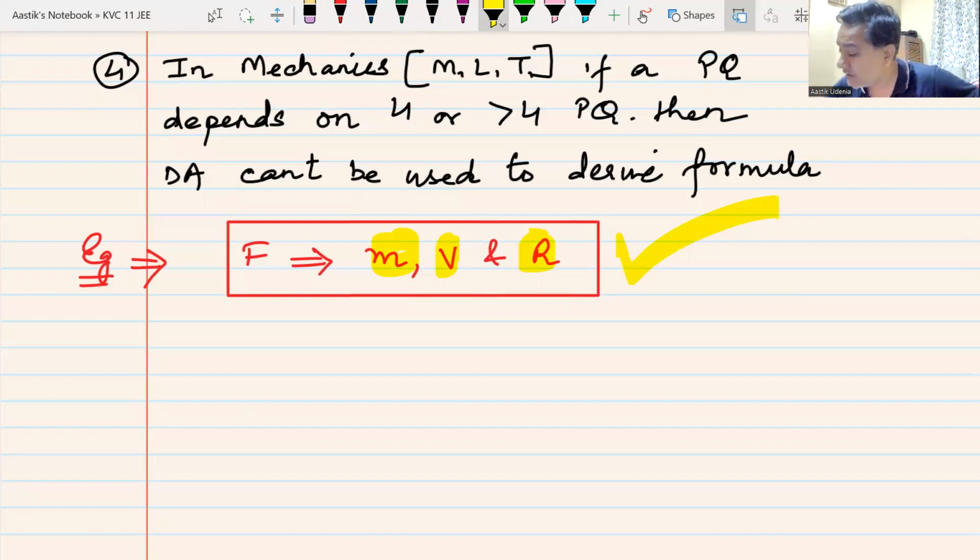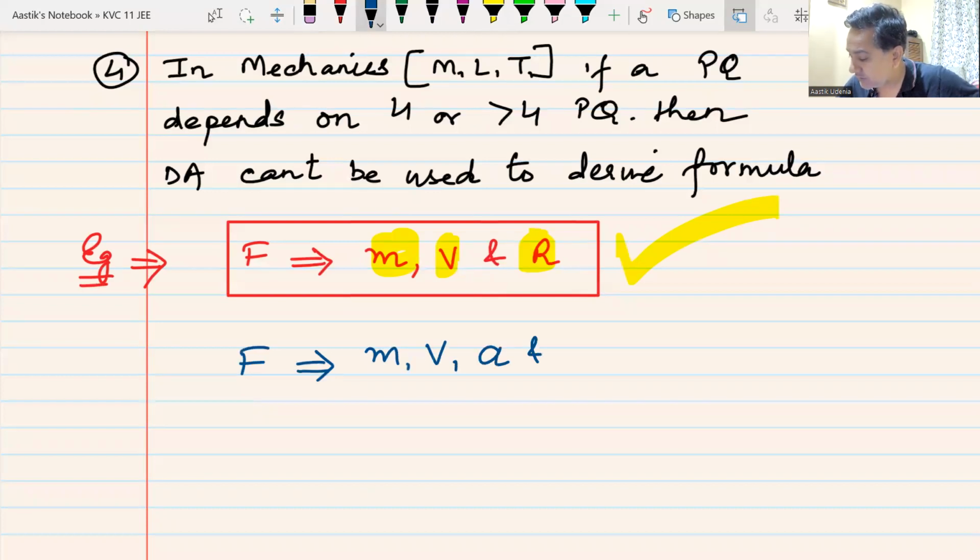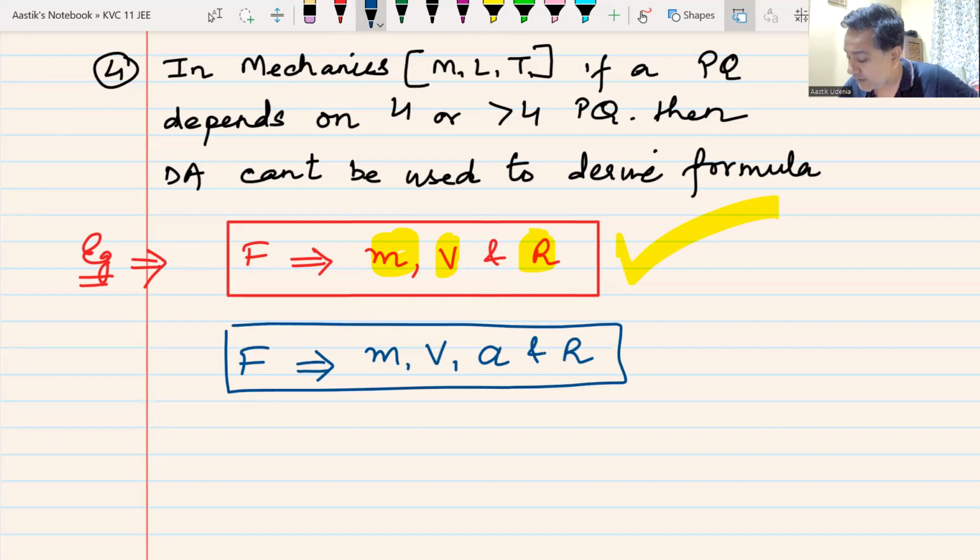But if I change the question, my dear friends, if I make the question as force depends on mass, velocity, acceleration, and r, that the force acting on a body depends on these four quantities, now can I use dimensional analysis to find out a possible formula?